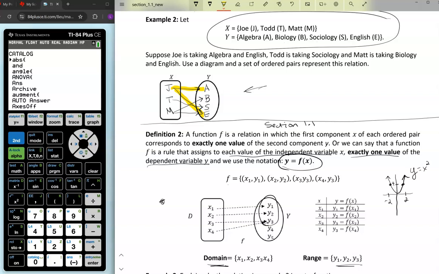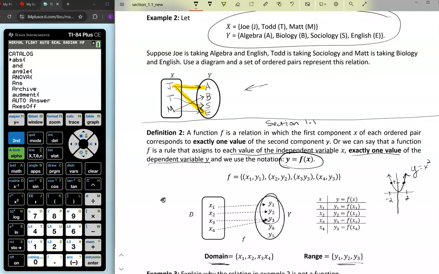So if I were to write the domain of this guy, or perhaps let me write it in ordered pairs, I would have the input of Joe would map to algebra, and the input of Joe would map to English, and then the input of Todd would map to sociology, and Matt would map to biology, and Matt would also map to English. Okay, so we're looking at these values.